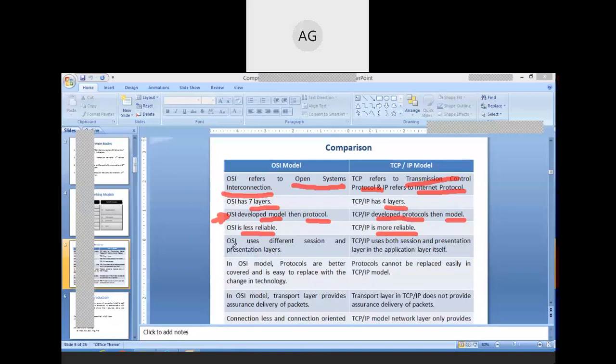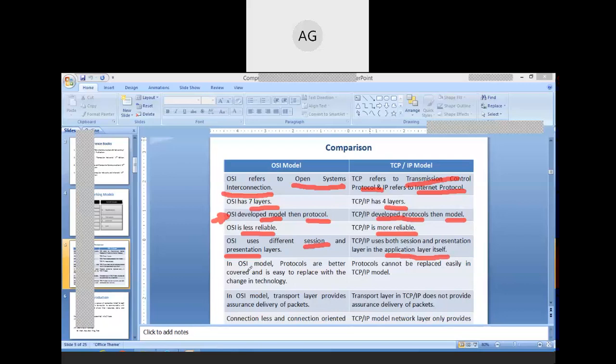The fifth difference is OSI uses different session and presentation layers, which we already saw, the fifth and sixth layers of the OSI model, whereas TCP/IP uses both session and presentation layer in the application layer itself. As we already saw, the application layer also clubs the session and presentation layers of the OSI model.